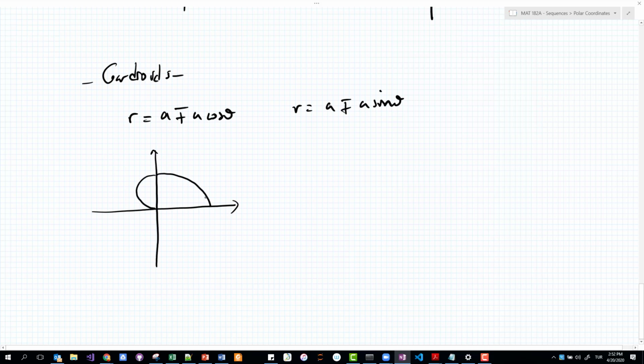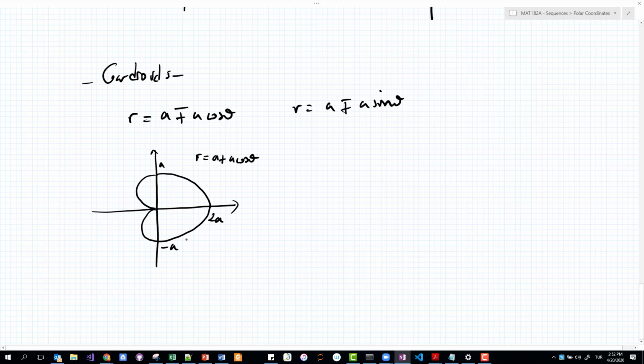So this is how I do it, and then I just repeat the process and take the symmetrical part on the other side. This is the case when r is equal to a plus a cosine theta, and this is my 2a point, this is my a, this is my negative a.